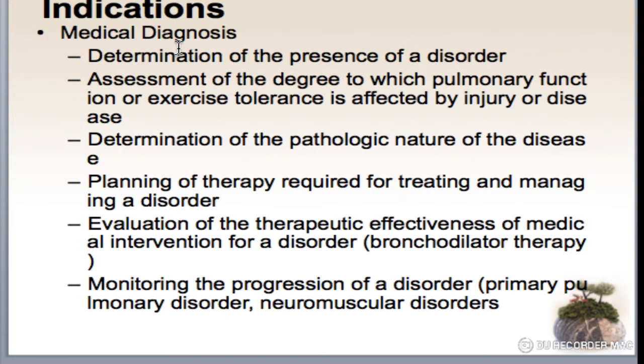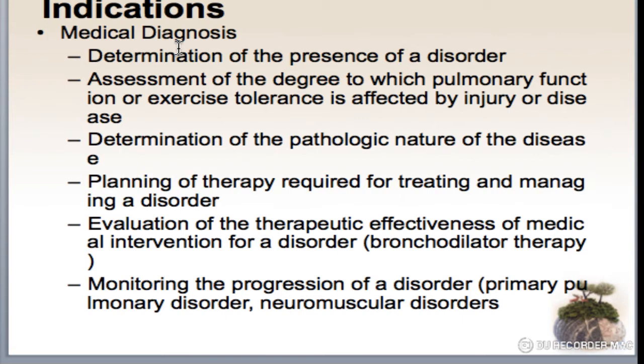You can relate the etiology of your disease based on your clinical findings. To make it simple, PFT can only determine the patient's ventilatory defect, either restrictive or obstructive. So that is the determination of the presence of disorder, particularly ventilatory defect.